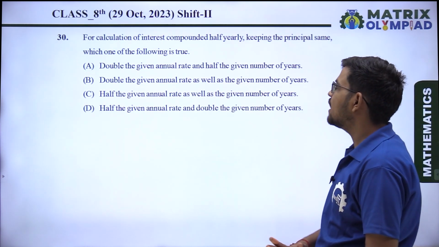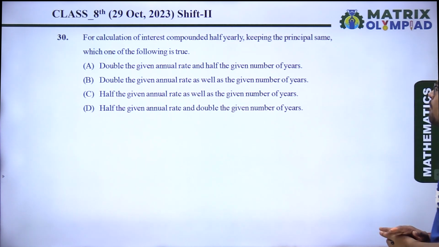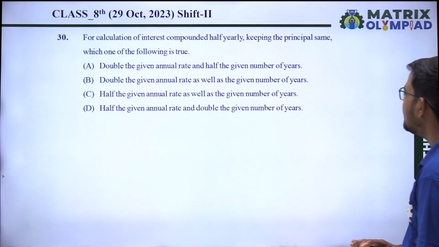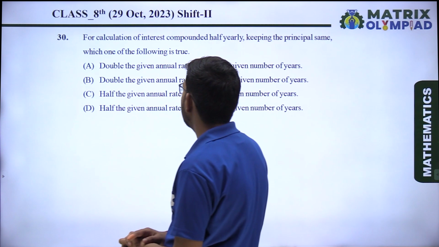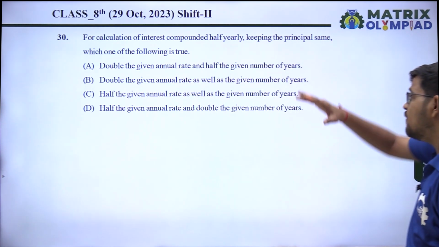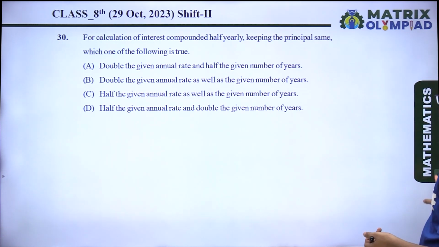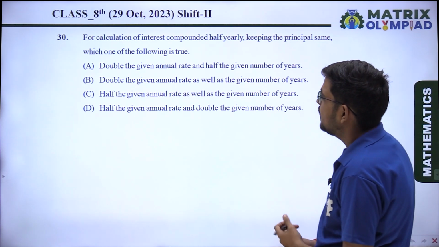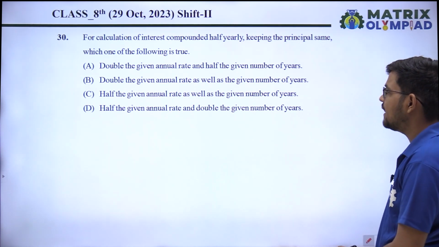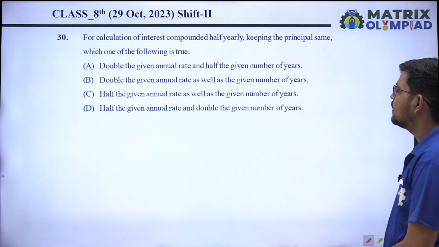Next question, for calculation of interest compounded half yearly, keeping the principal same, which of the following is true? We have to find the compound half yearly interest. First statement A, double the given annual rate and halve the given number of years.